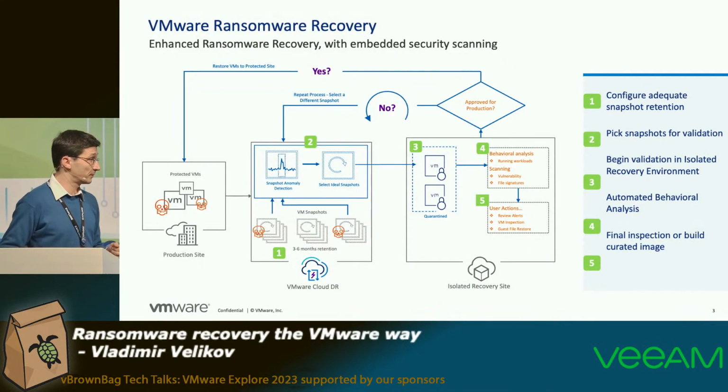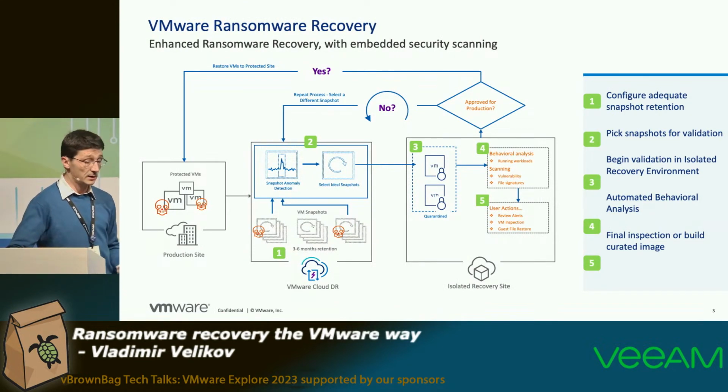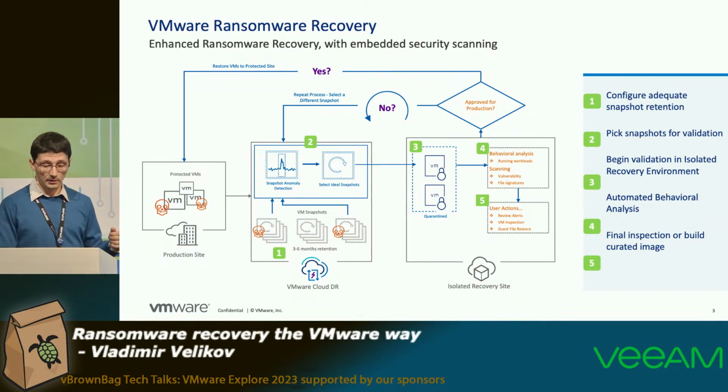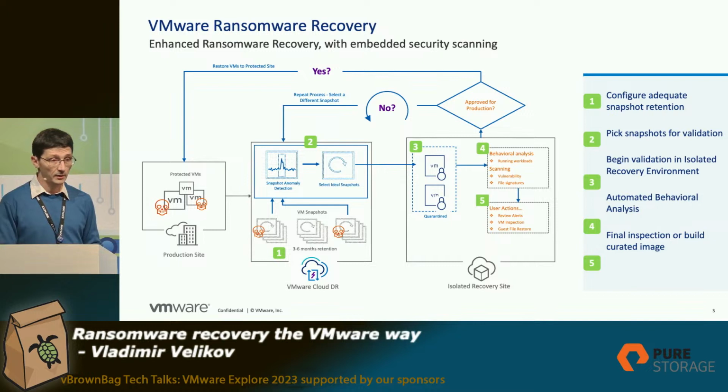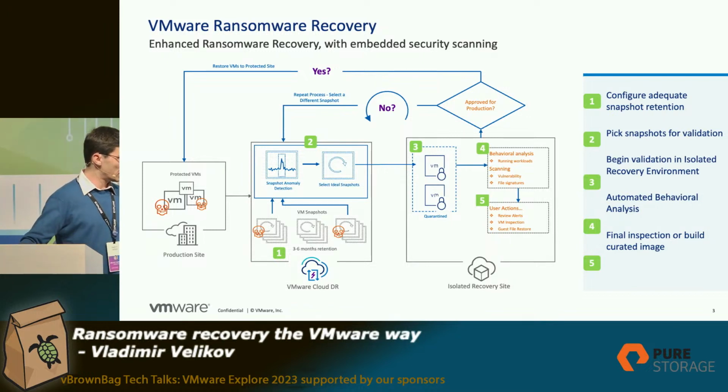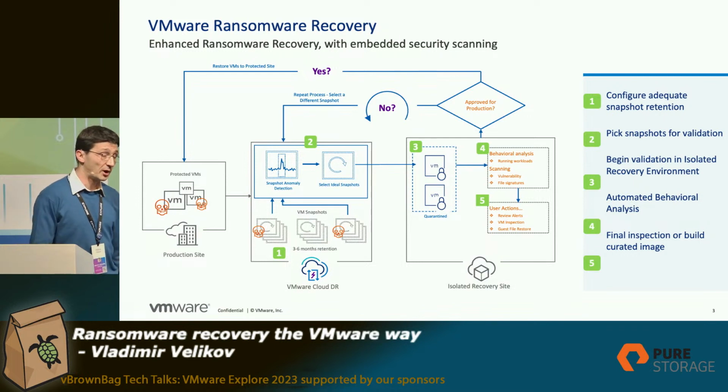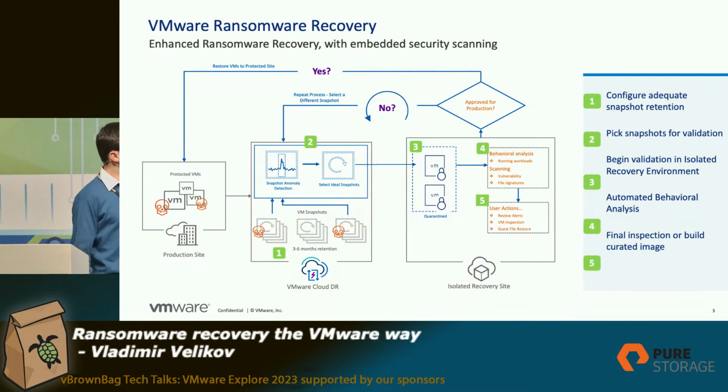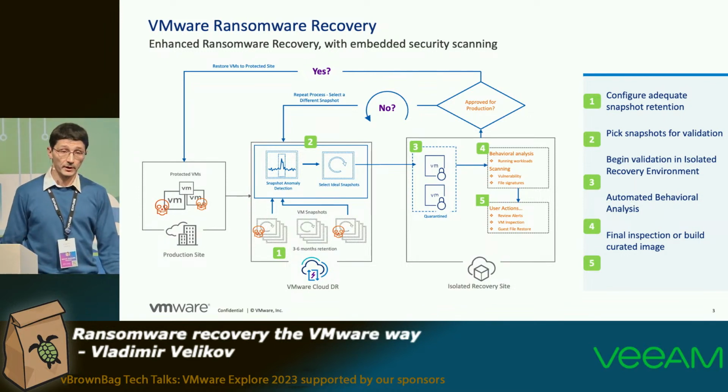And once you're fine with this image, you can actually restore the VMs to the protected site and have everything up and running in a healthy state. And at this point, the IRE is decommissioned, so you practically pay only for the time of your recovery.